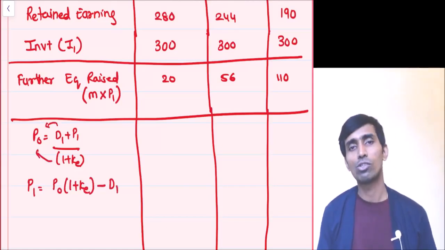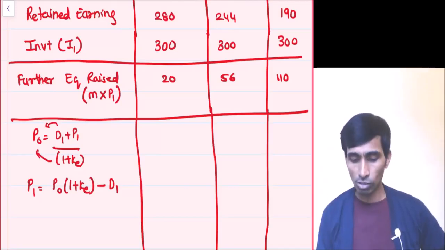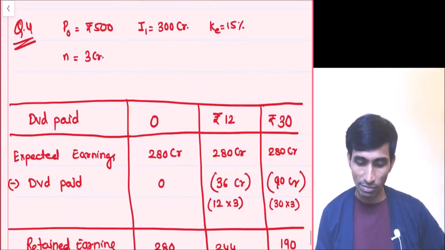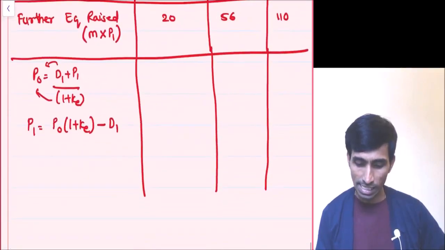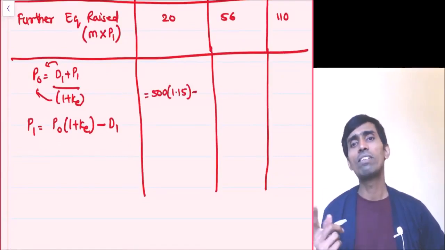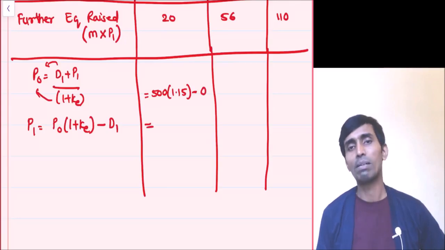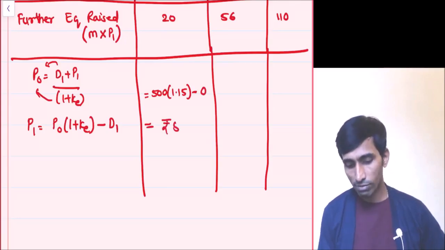So P1 is equal to P0 times 1 plus KE minus D1. Currently my price was 500, and 15% is KE. So this is 500 multiplied by 1.15 minus the dividend paid. In the first case I have not paid any dividend, so it is 0.